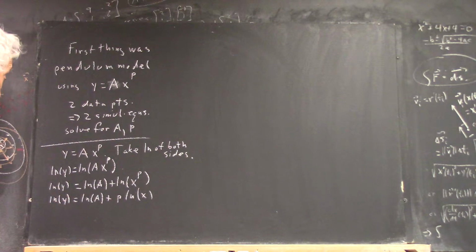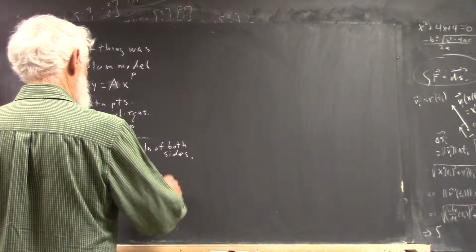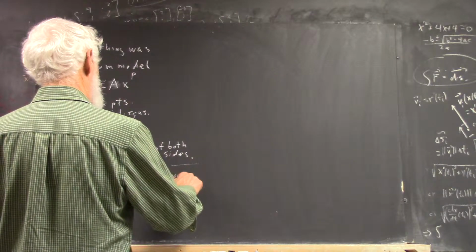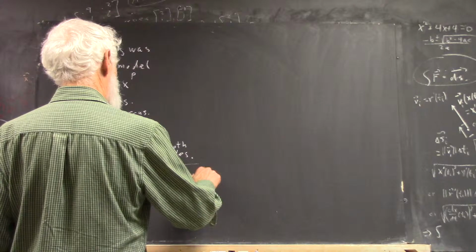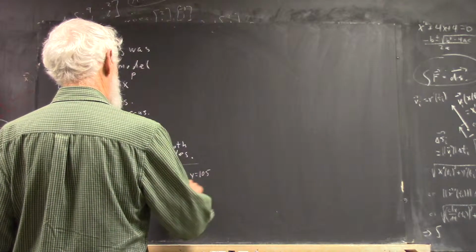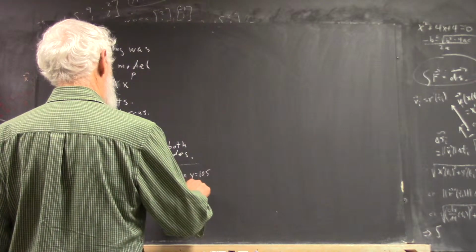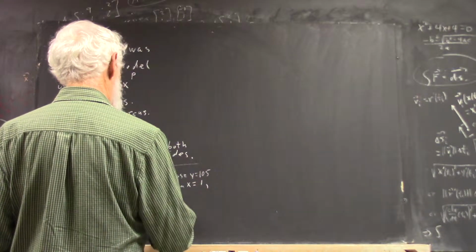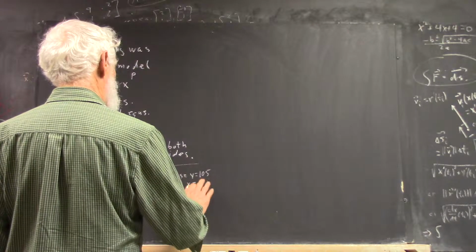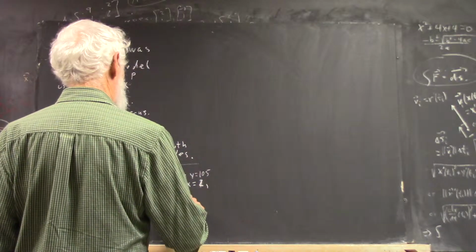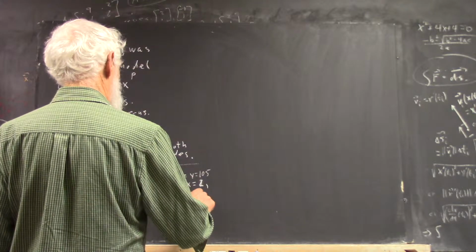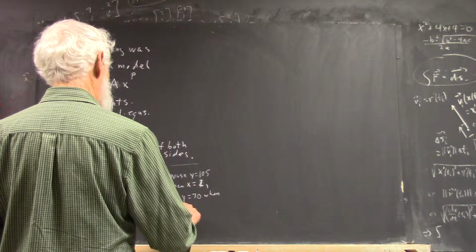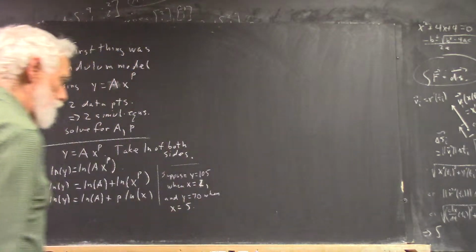So let's just say, let's just use a little different number there, and y equals 70, and x equals 5.